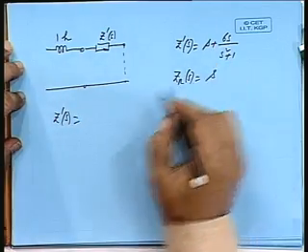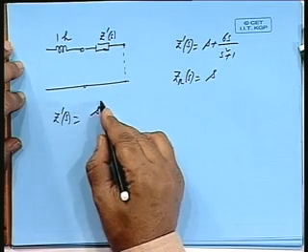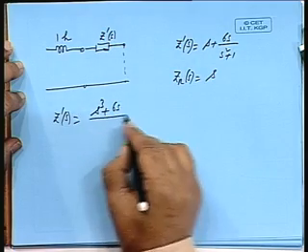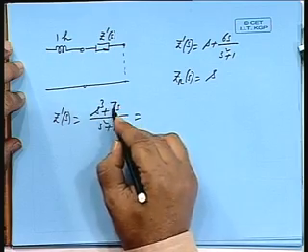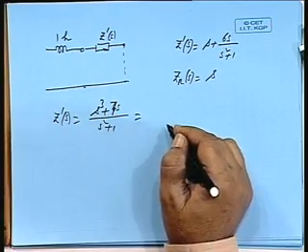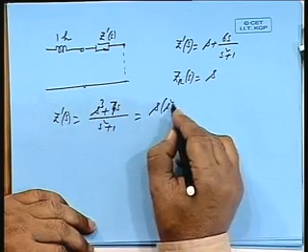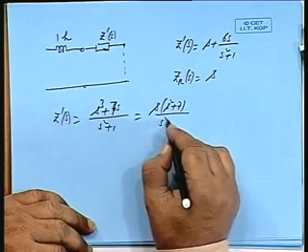S cubed plus s plus 6s. So, s cubed plus 7s divided by s square plus 1. So, s into s square plus 7 by s square plus 1.